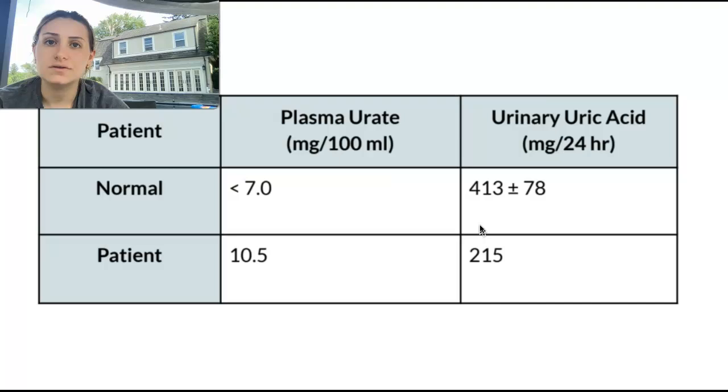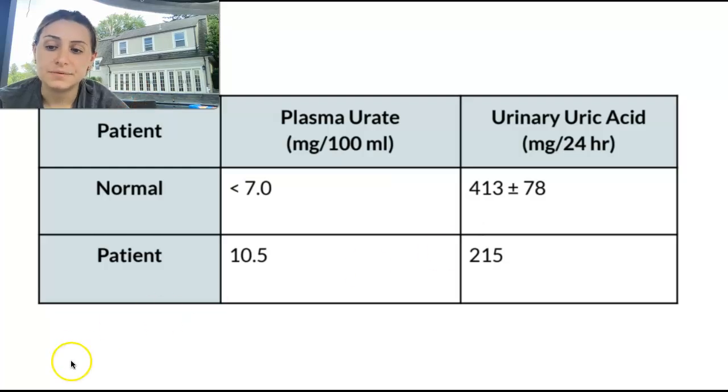And with that, there could also be excess production of uric acid going on due to overproduction of purines or decreased salvage of purines.